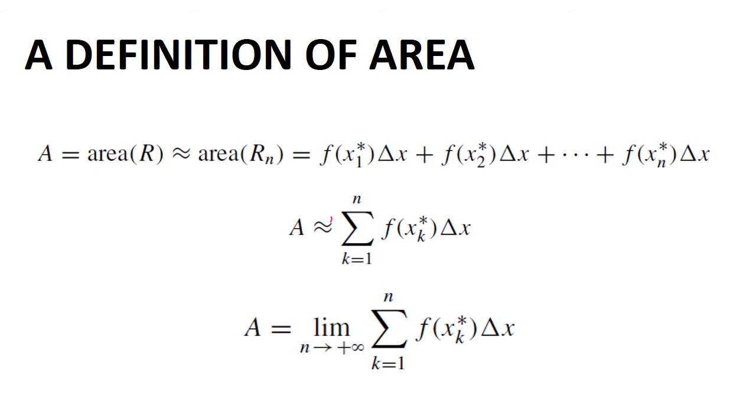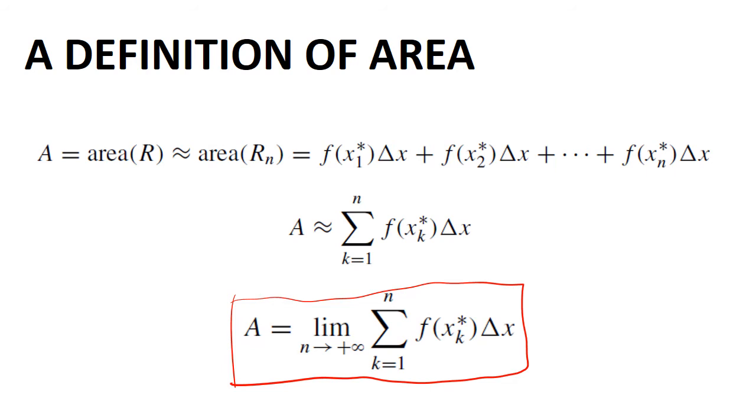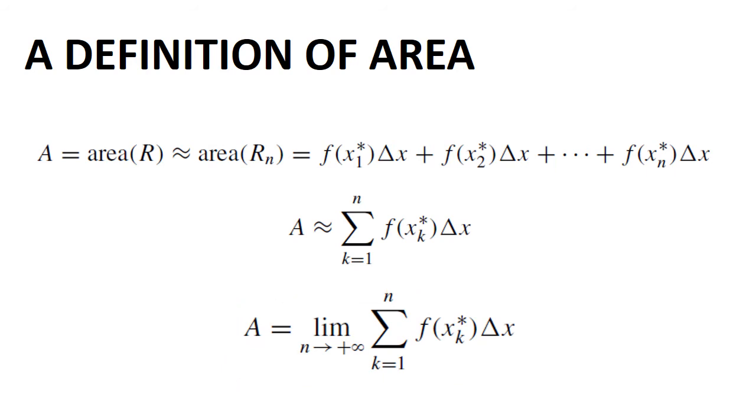Hindi na lang siya basta approximate. Nagiging, yun na mismo yung exact area under the curve under the function y of x bounded between the interval from a to b. So, ito po yung definition ng area using limits and of course the rectangle method. Any questions?